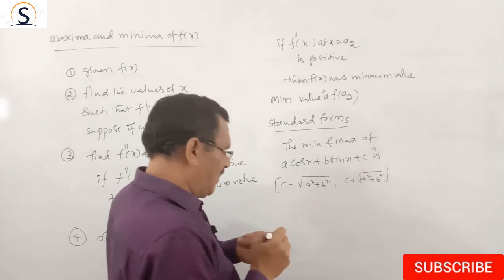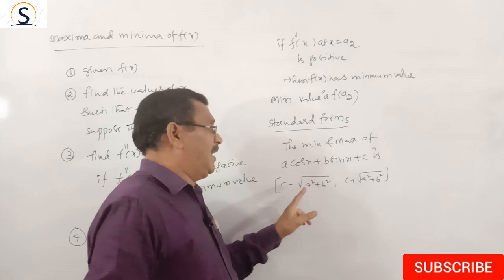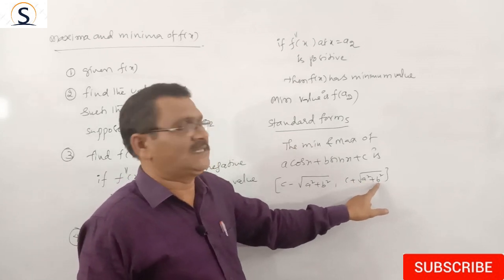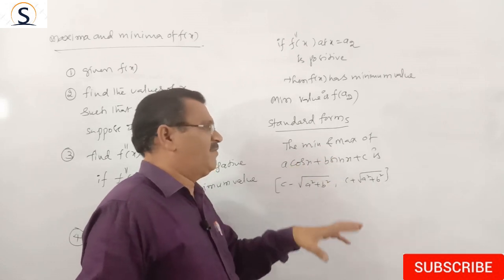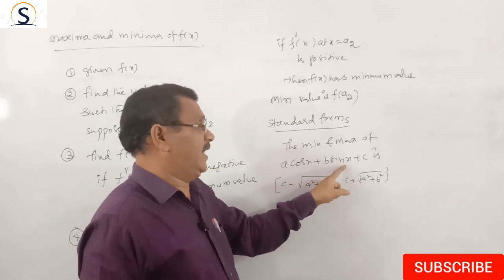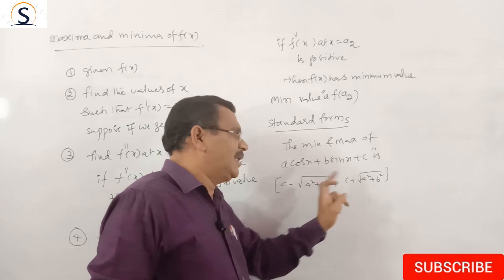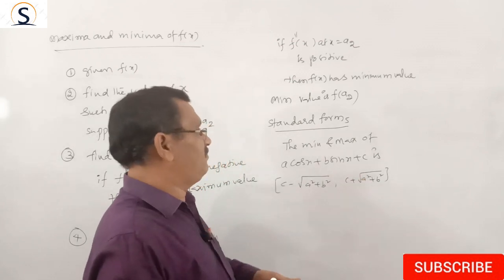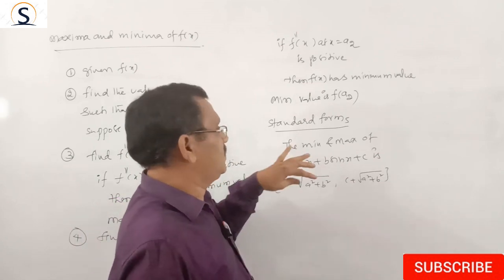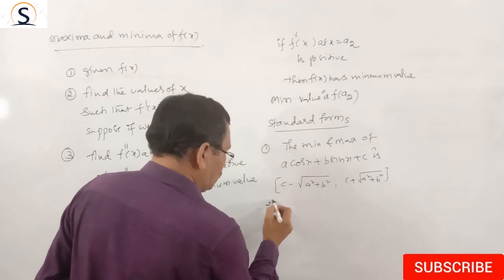So directly, when a given function is in the form a cos x plus b sin x plus c, c minus root a square plus b square is the minimum and c plus root a square plus b square is the maximum. Compare the given function with this form: cos x coefficient is a, sin x coefficient is b, and the constant term is c. This is also called the range of the given function a cos x plus b sin x plus c. Okay, this is the range.